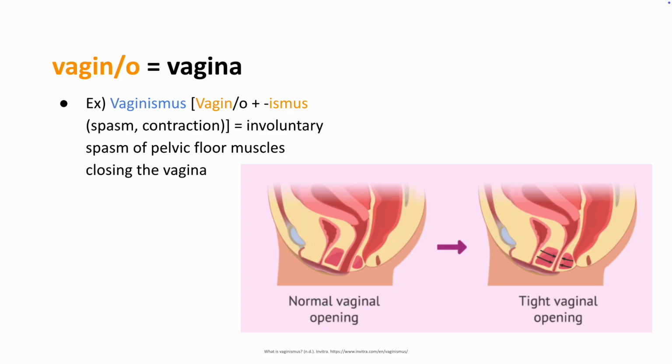So vaginismus is involuntary spasm of the pelvic floor muscles closing the vagina. So it's basically vaginal spasm. If you have too much shock to your vagina or something, it can trigger the spasm that tightens the opening of the vagina, which you see during sexual intercourse.